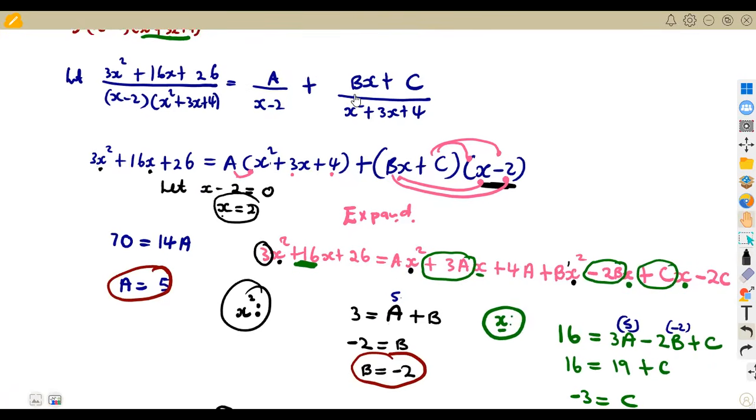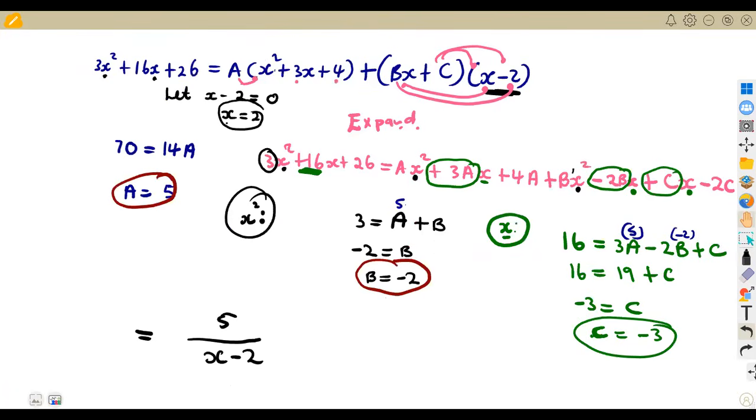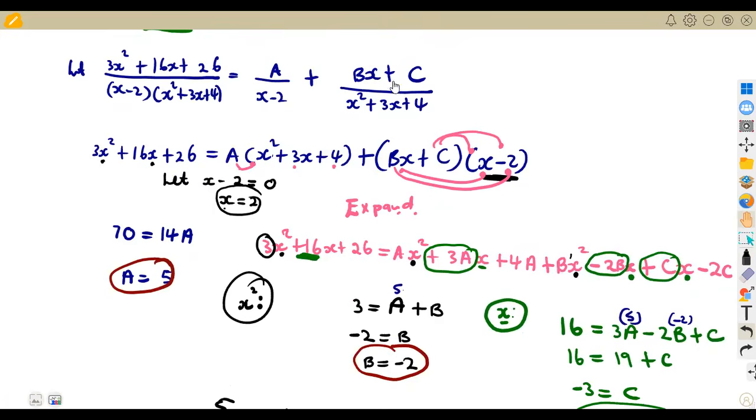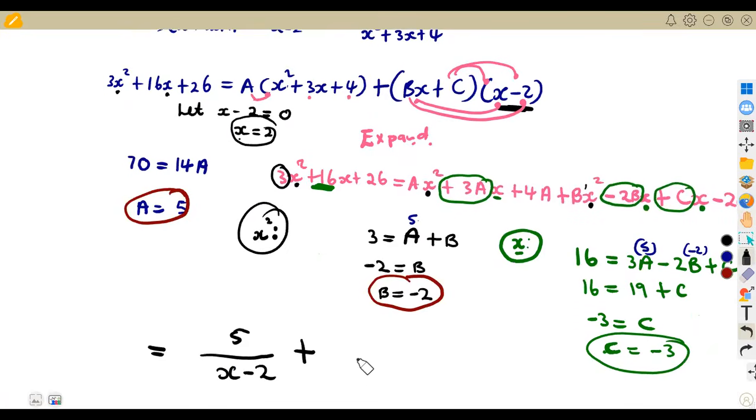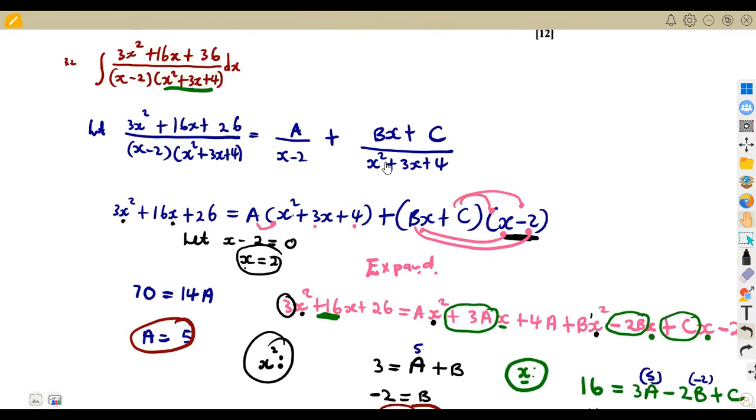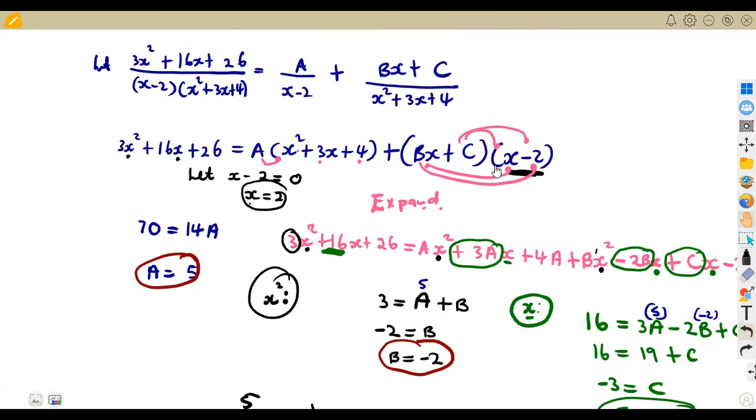All right, so you're going to have plus bx. This is what you're going to do so that you do not have a confusion. Here it's bx plus c. Our b is -2. So it's -2x, plus c, our c, which is -3, like this. So this is what we have here, where they are saying bx plus c over that quadratic expression, x squared plus 3x plus 4.